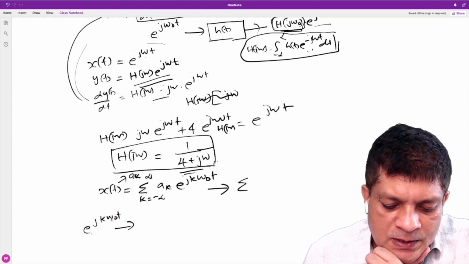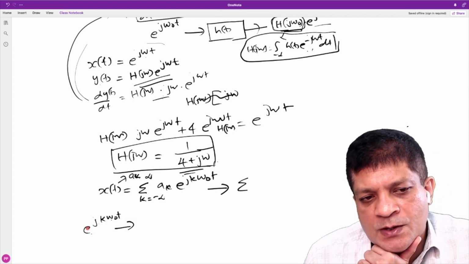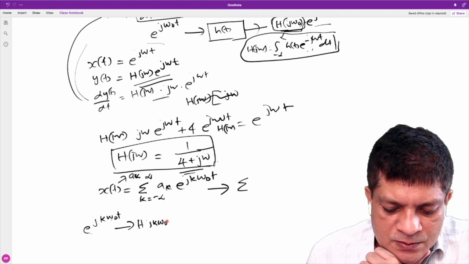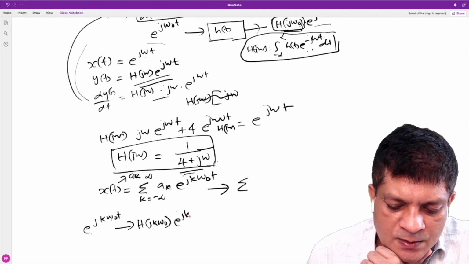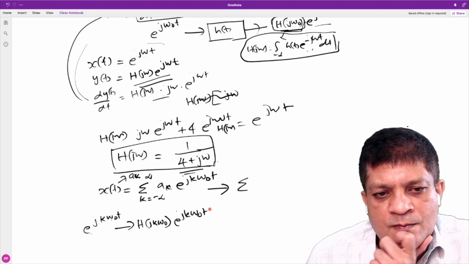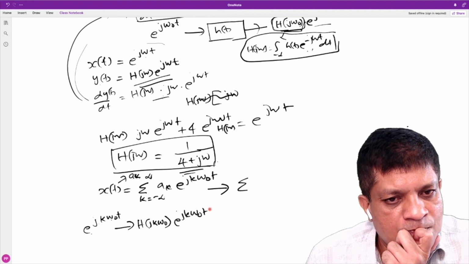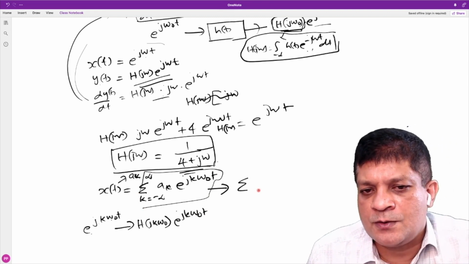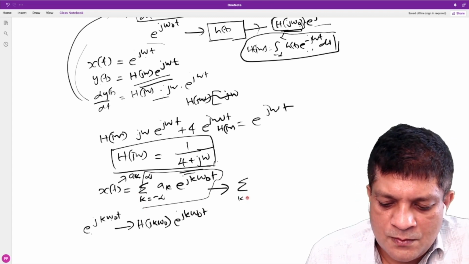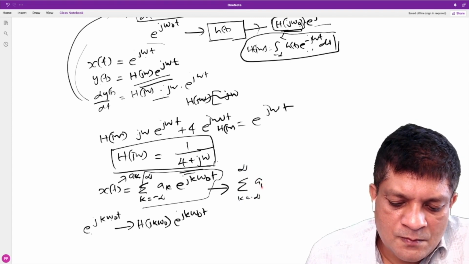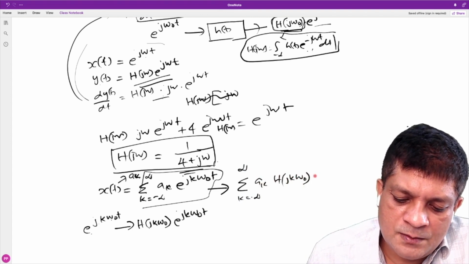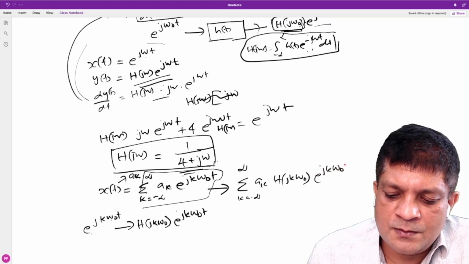Now, if we are giving this as the input to a linear time invariant system, what will be the output? The system is linear time invariant. If you are giving the kth harmonic as the input, the output is H(j k omega naught) into e to the power j k omega naught t. Now, if you give a linear combination of this, the output is the summation of a_k H(j k omega naught) into e to the power j k omega naught t.